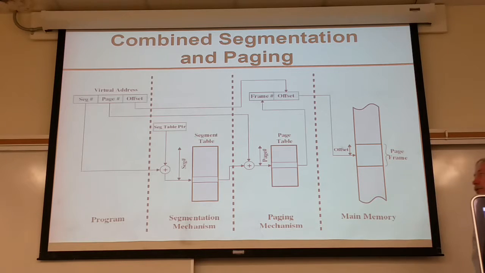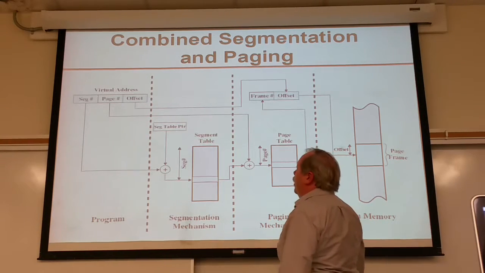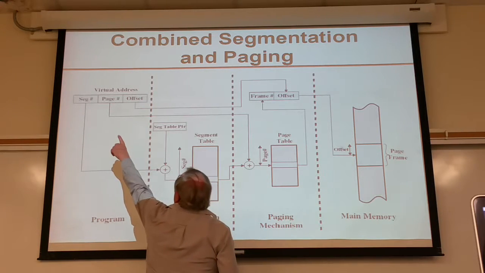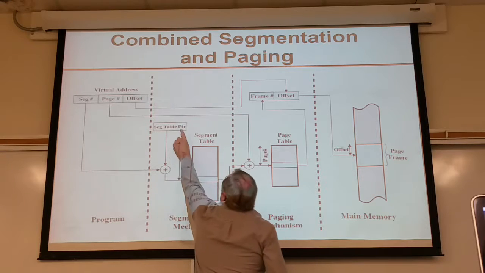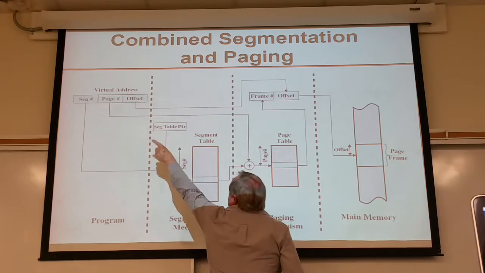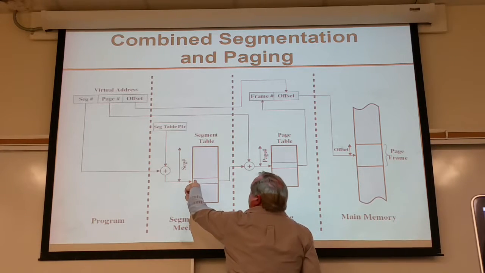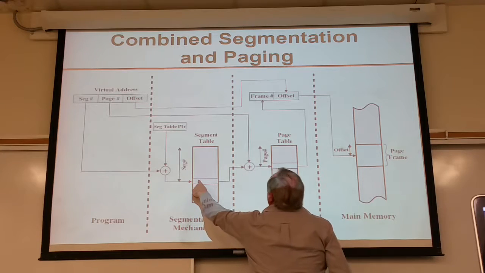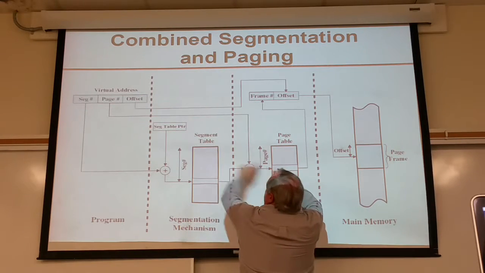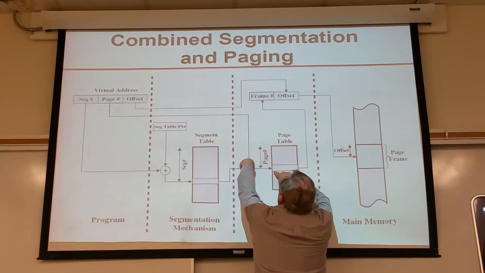Let's not worry about that present bit. Then to form the virtual address into a physical address, we would do the following. We would take the segment number. We have the segment table pointer in a register somewhere, which would then get us to the start of the segment table. Segment number is a relative entry inside the segment table. And then from here, we would work with the page table, which we would have the page number, which would be a relative entry inside the page table.